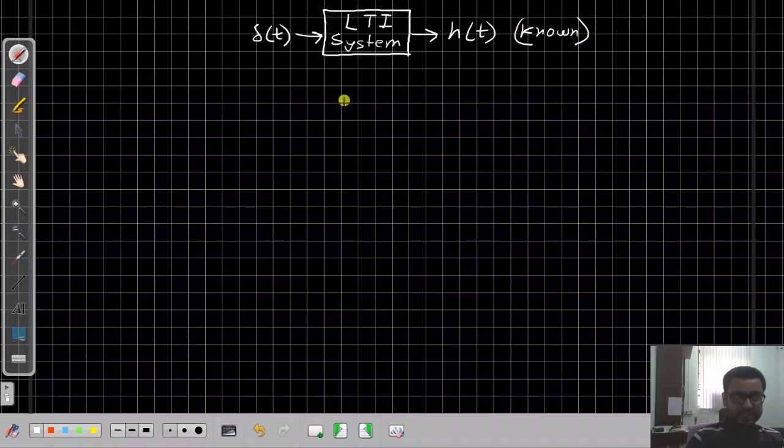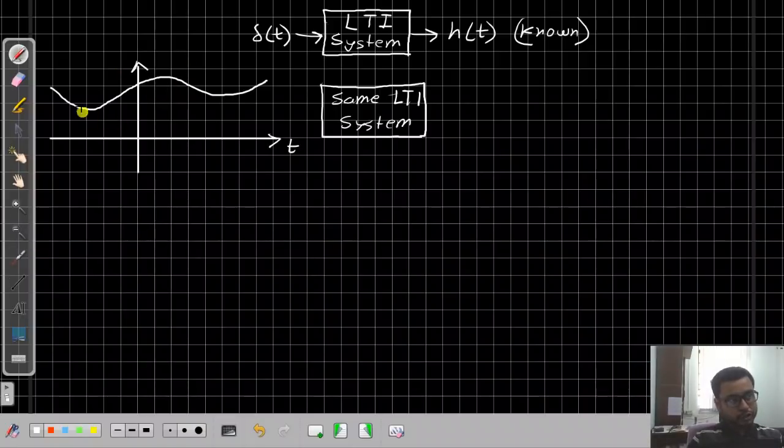Now take this same LTI system and now we shall apply some arbitrary input pattern. Suppose this is the input pattern, quite arbitrary. Now I shall break it into small slices.